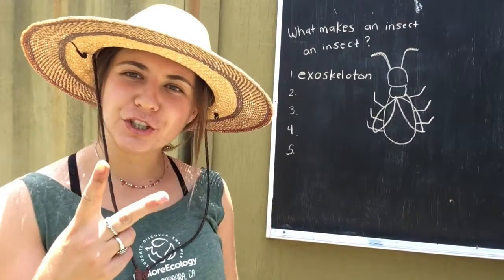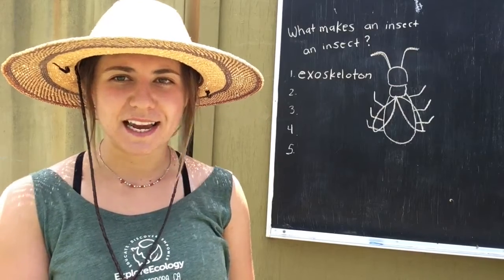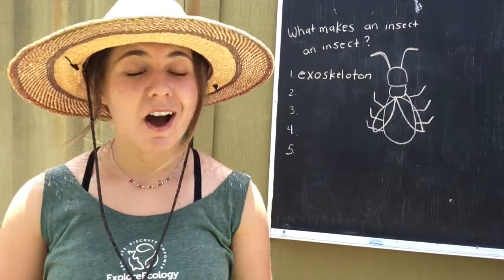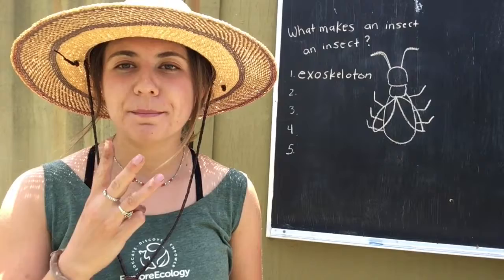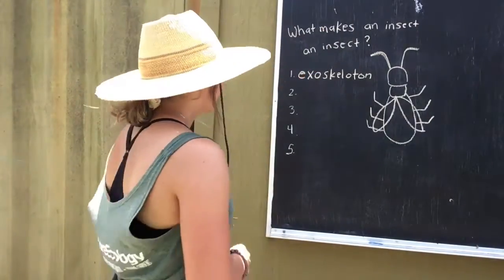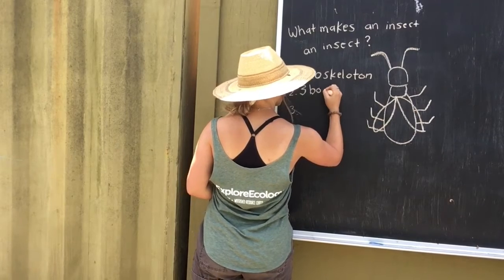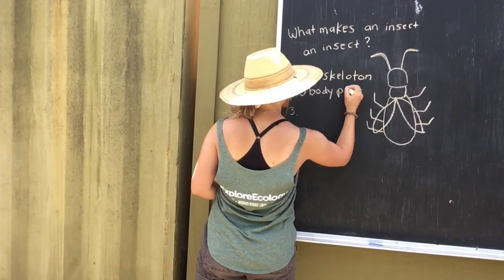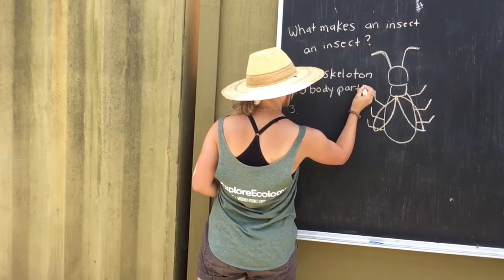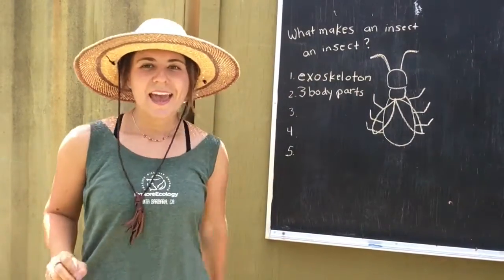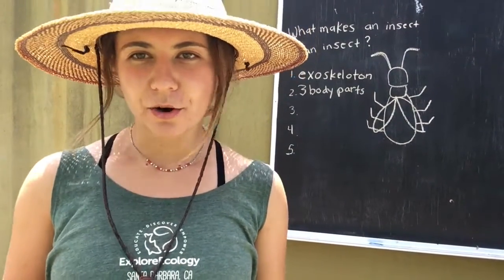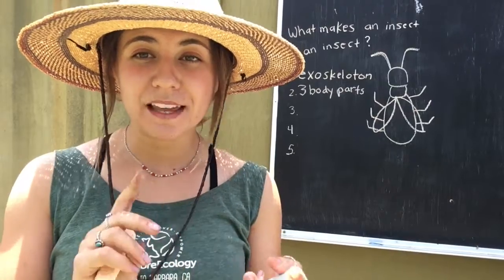All right, number 2 of what makes an insect an insect. Well, the body parts. All insects have 3 main body parts. And these 3 body parts are known as the head, the abdomen, and the thorax.